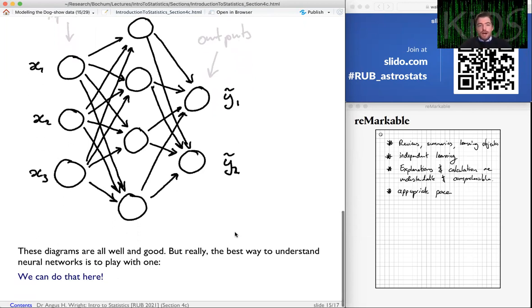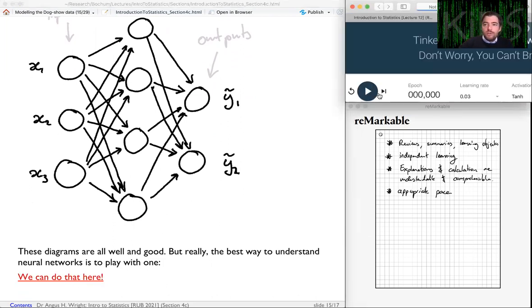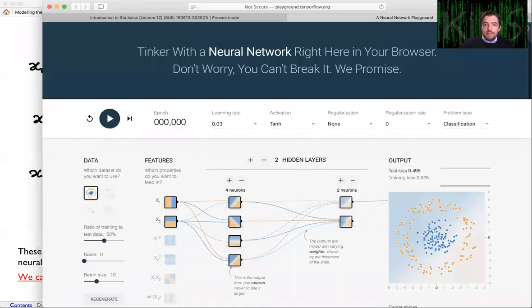These diagrams are really useful for some people. I personally don't find them useful at all. And I think that the best way to get an idea of what is happening in a neural network is just to play with one. And this is where one of the best tools available to you is already constructed.